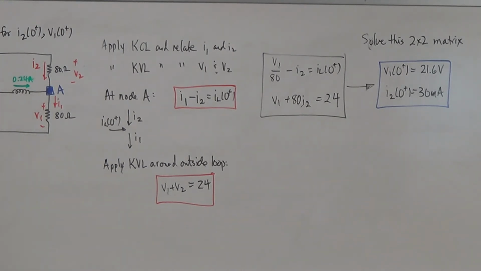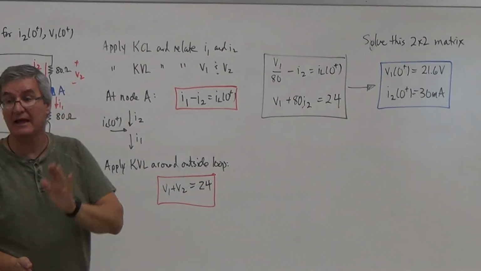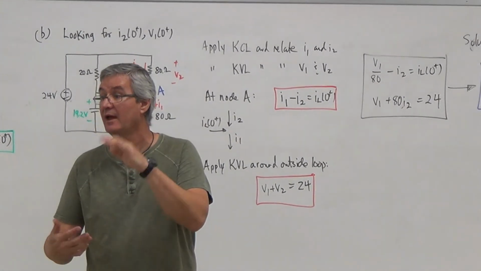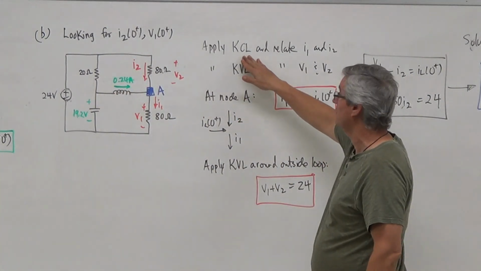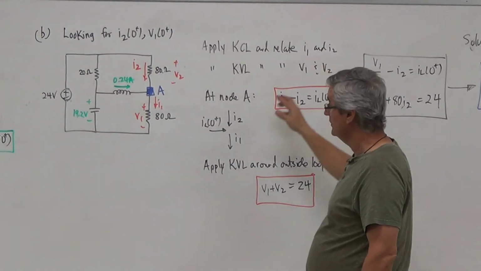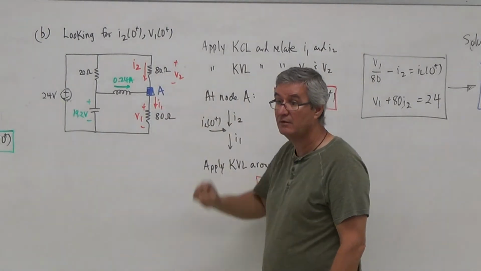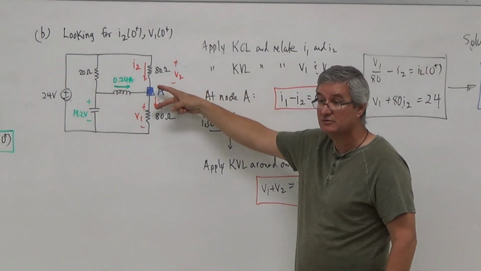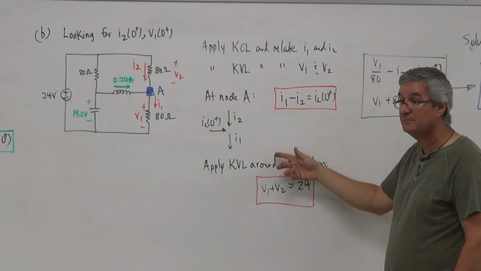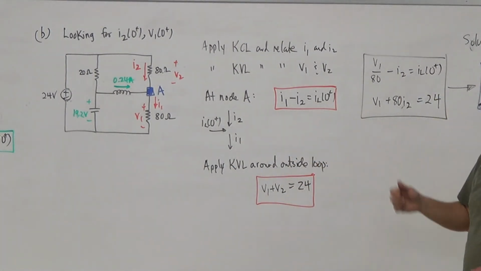What you have to think deeply about is that if I have these two guys to solve for at 0 plus, you have to think in the language of KCL and KVL. You look at the circuit and say, okay, I've got KCL, relate these two together. You can see that I went to that node, and there they are. Then I looked at KVL and asked, how do I relate the voltages of these two? Then I do the exact same thing, and I just convert them into that.